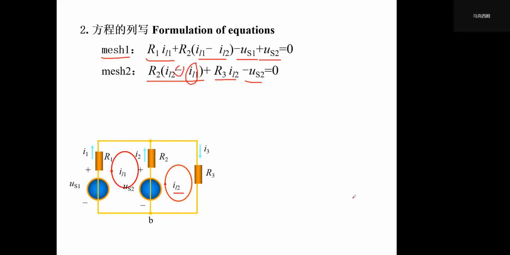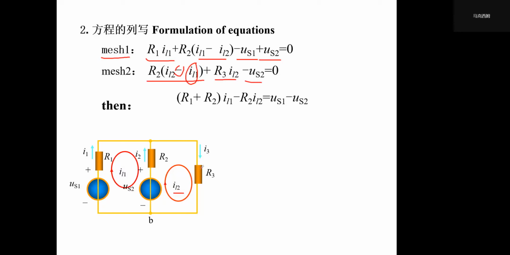In this case, IL1 and IL2 are the unknown variables, US1 and US2 we already know, and the resistances of all three resistors are known. So we can transform this into another form.